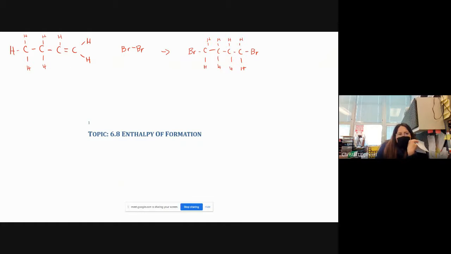So over here, I have 1, 2, 3, 4, 5, 6, 7, 8 CH bonds. I have 2 CC, and I have 1 CC double. I have 1 of those, and then I have a BR. On this side, I have CBR, and I've got 2 of those.